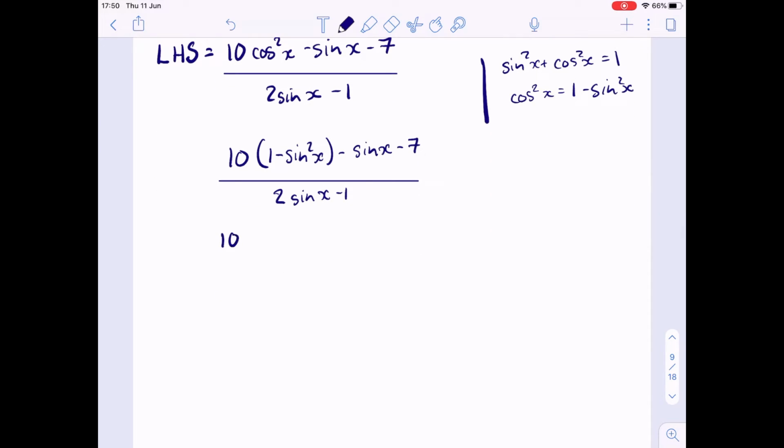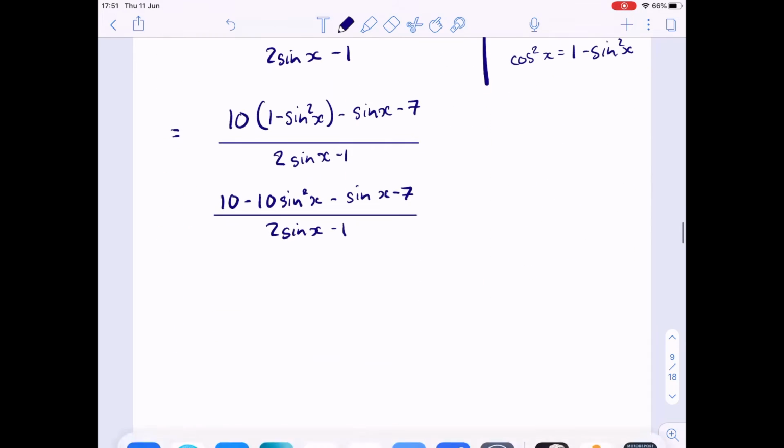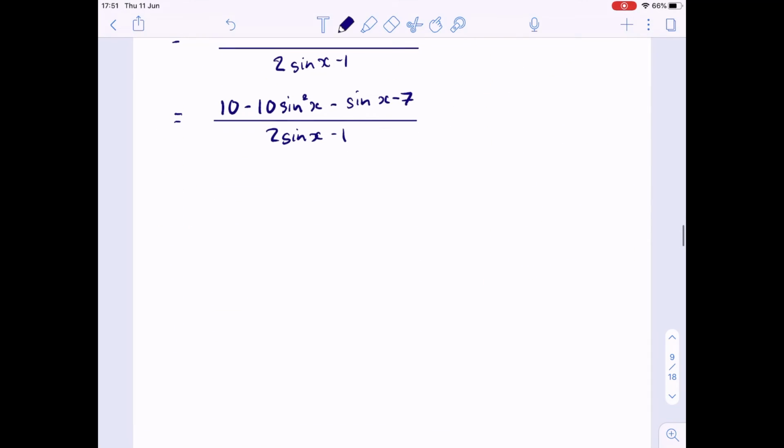And let's expand that out. That's 10 minus 10 sine squared x minus sine x minus 7 over 2 sine x minus 1. In fact, what I'll do, I'll keep on listing these equal signs to show that I'm working on it as I go.